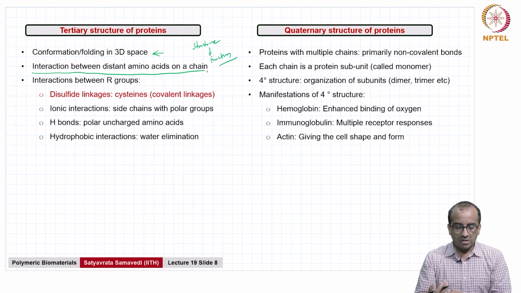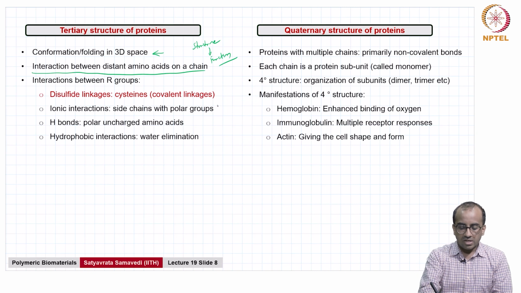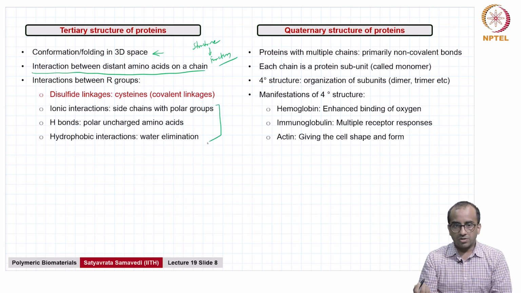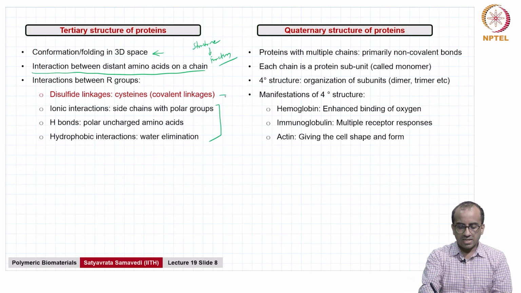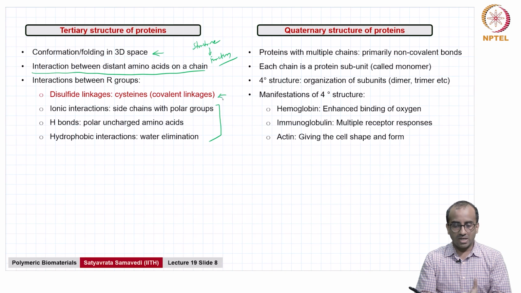As we have seen on the previous slide, these could be ionic interactions, hydrogen bonds, hydrophobic interactions, or van der Waals forces, and of course, the exception, which is not non-covalent, is the cysteine-based covalent disulfide bridges. So that's the tertiary structure.